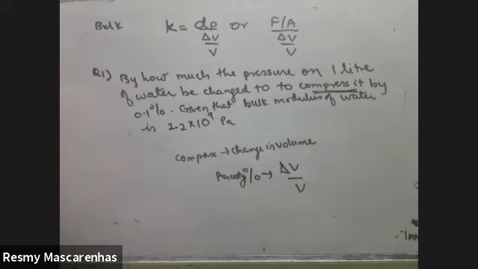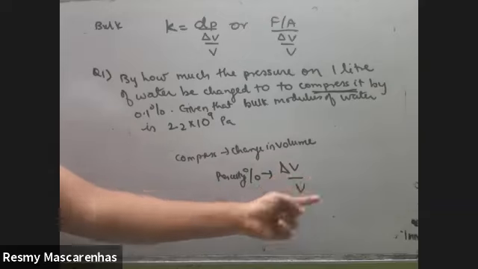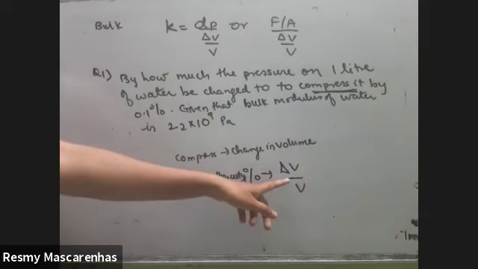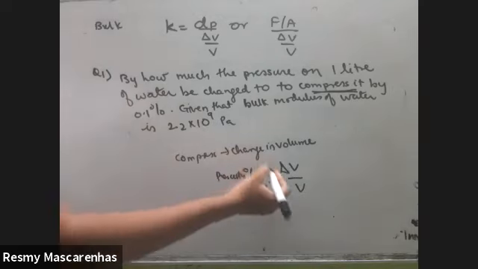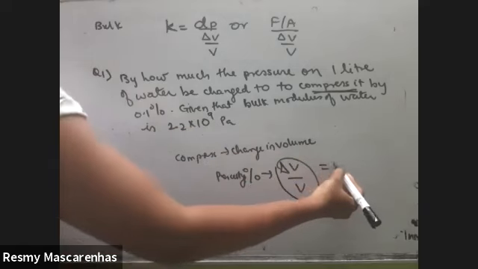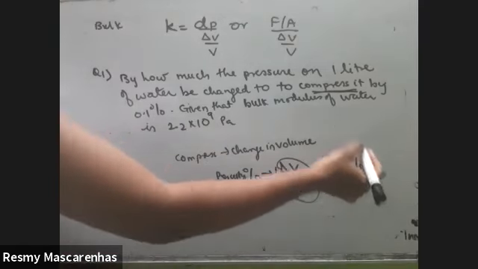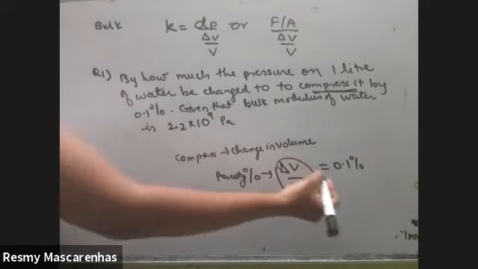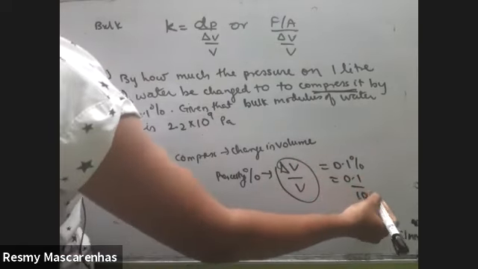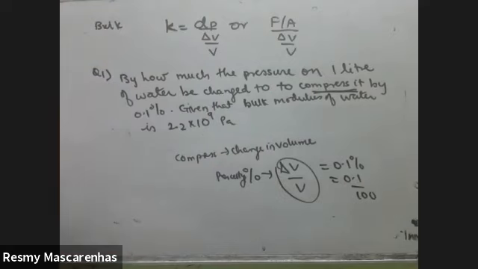Under error and all, we had already seen this type of problems. Relative error and all. Whenever you measure in terms of percentage, it's always delta V upon V. This together, delta V upon V is 0.1%. This is nothing but 0.1 upon 100. Take this formula and substitute straight away.